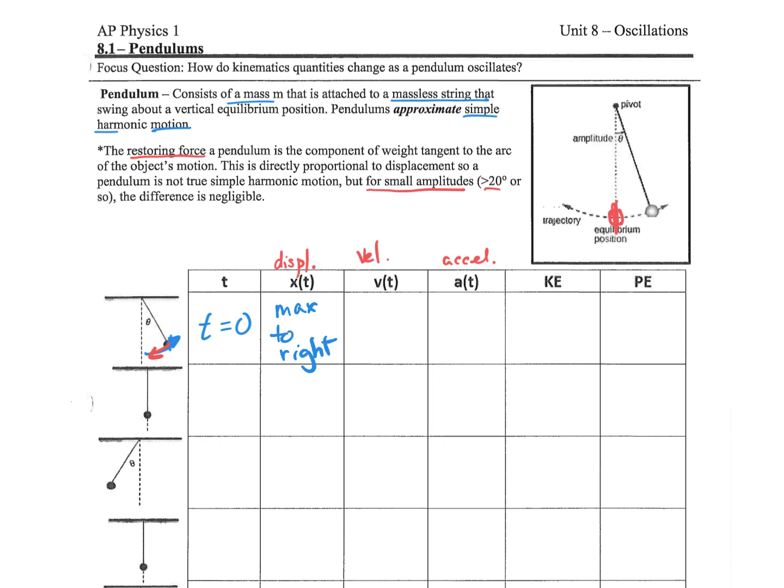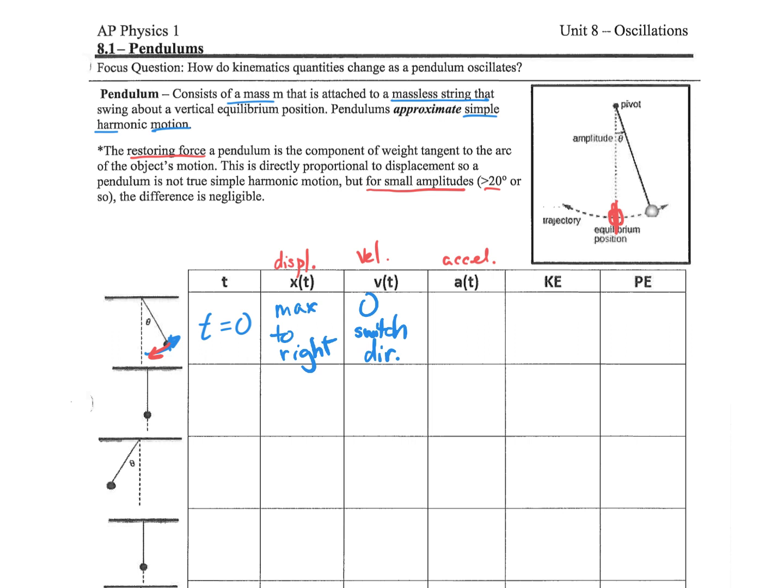Right here, it is at its maximum displacement to the right, isn't it? Is it moving? At this moment in time, what's its velocity? 0. Why is it 0? It's fixing to do what? What's the green arrow about to do? Switch directions, yes. So the velocity is 0, and we know it's 0 because it is about to switch directions, isn't it?